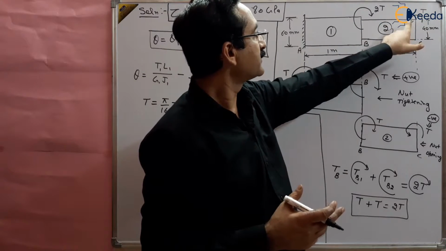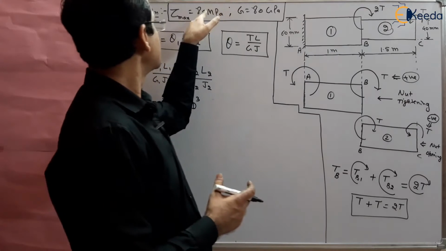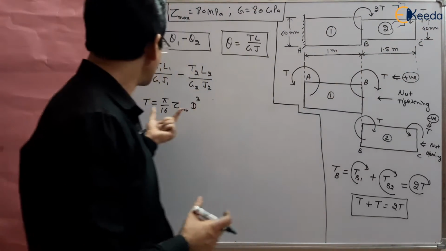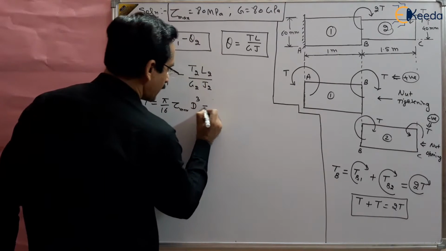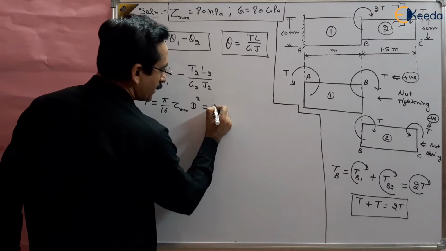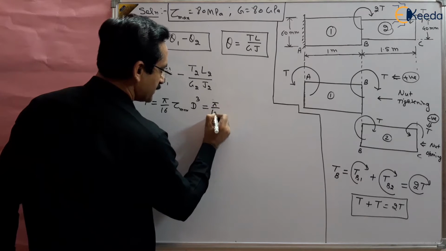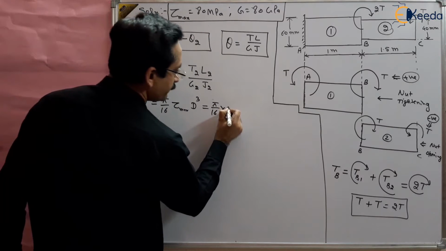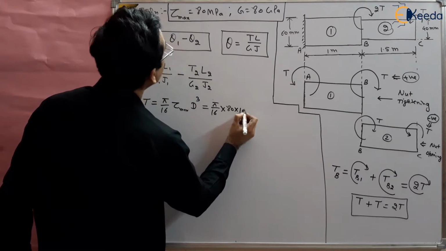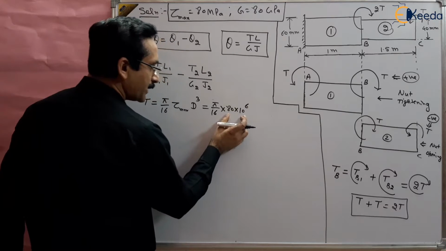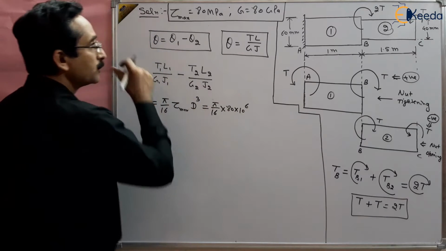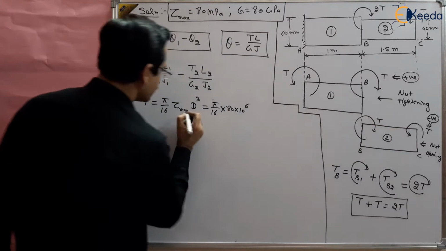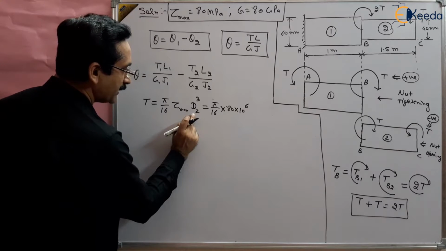So for safe loading of this stress 80 megapascal, we should consider the 40 millimeter dia to find out the torque, right? So that's why we can write that torque T will be given by pi by 16 multiplied by tau max is given to us, that is 80 megapascal, will become pascal, 80 multiplied by 10 power 6, d cube. D is the diameter. Which dia? Thinner dia. It means D2, D minimum.